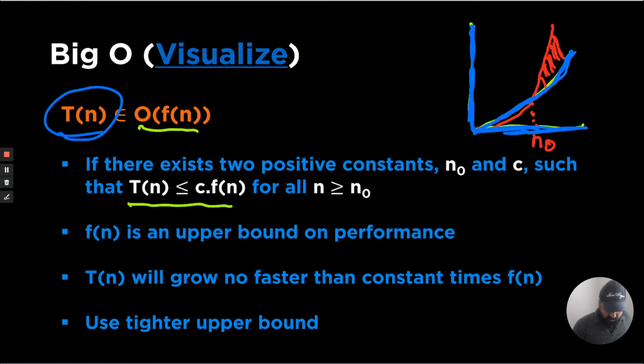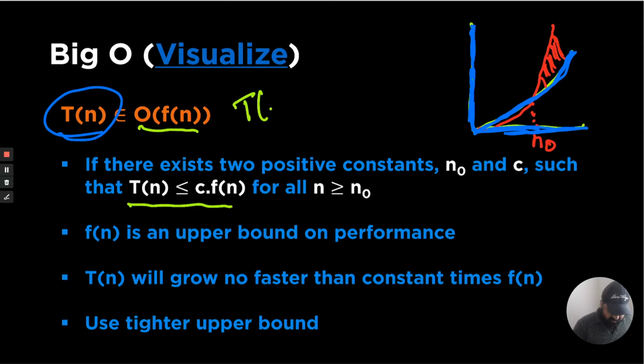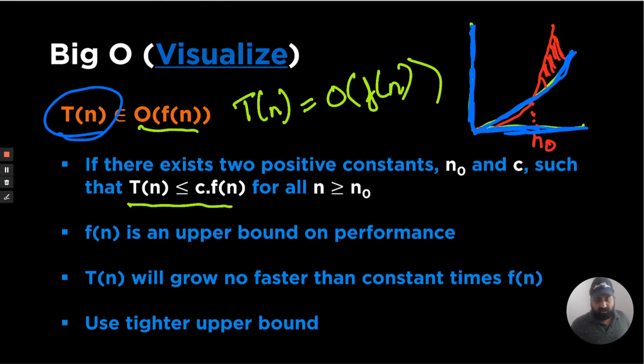Now, another thing to note is a lot of books follow this convention that they write something like T of n is equal to O of f of n. This is actually wrong. This is misused a lot, because O of f of n actually is not just one function, it is basically a set of functions. So what I mean by set is, let's say the T of n, the time that you calculated, was something like n plus 4.